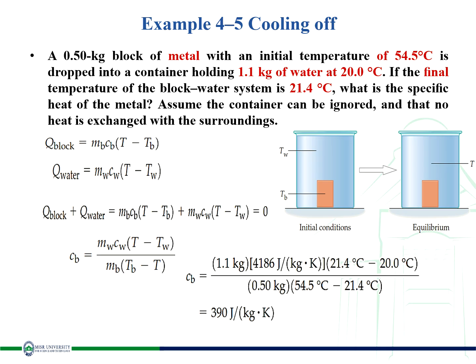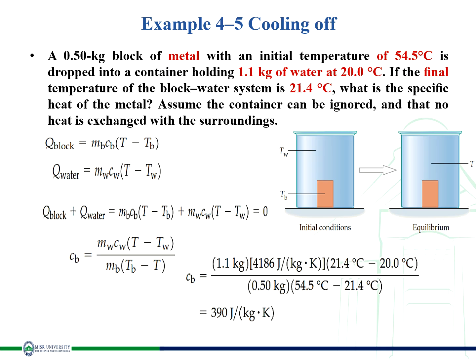Now, let's plug in our numerical values. We know m water equals 1.1 kilograms, c water equals 4186 J per kg K. This is a standard value you'll find in our textbook, the specific heat of water. T equals 21.4 degrees Celsius, T_W equals 20.0 degrees Celsius, m block equals 0.50 kilograms, T_B equals 54.5 degrees Celsius. Let's calculate the temperature differences.